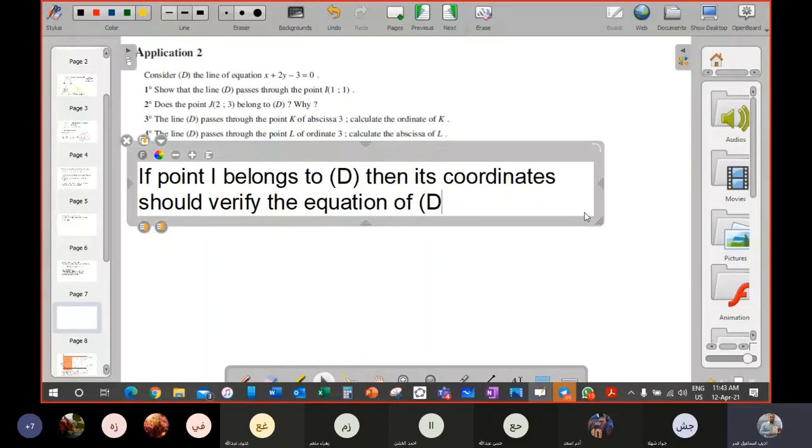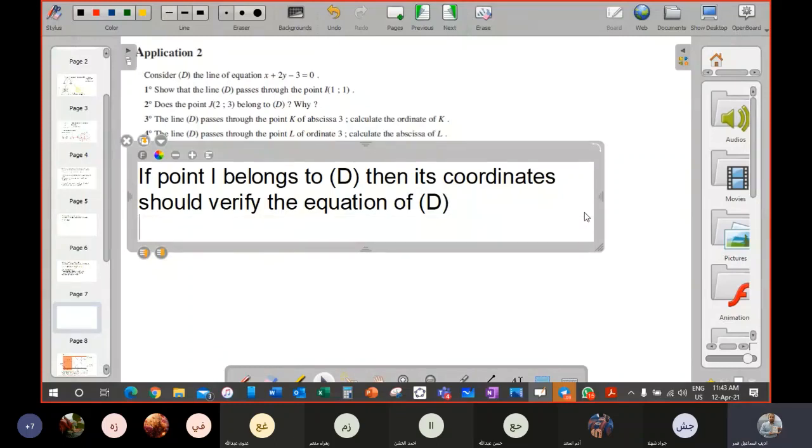We replace the abscissa of I instead of x and the ordinate of I instead of y, by saying, for example, xi in the equation. In this equation we put, instead of x, xi, which is the abscissa of I, plus 2yi minus 3 equals 0.